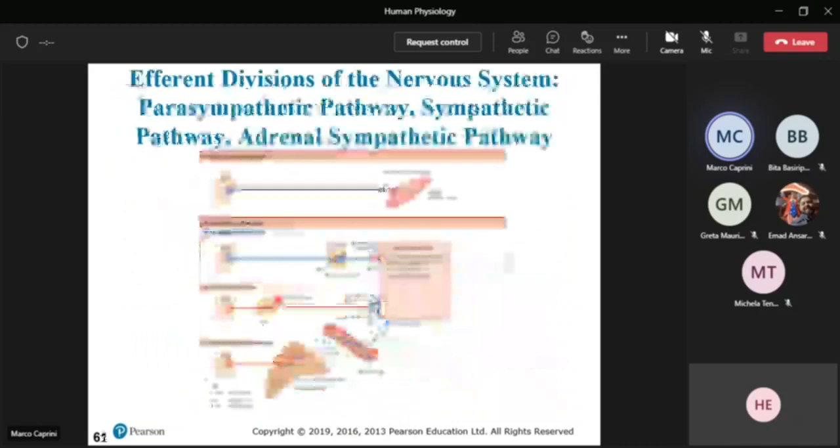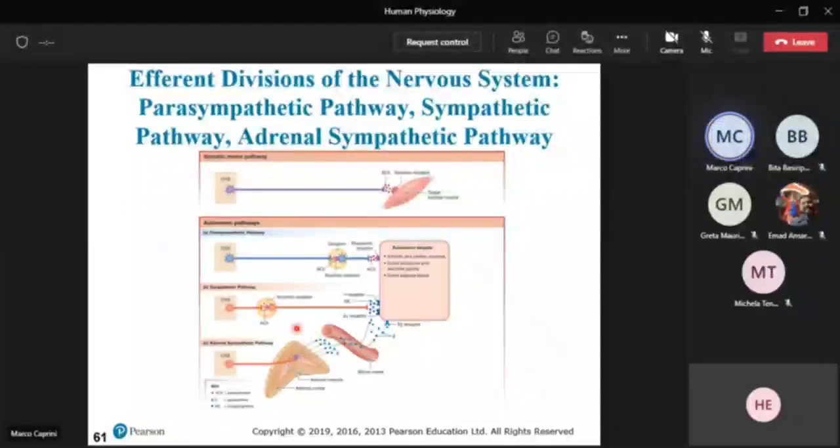I'm just showing you this type of synapse from the autonomic pathway, because we already described it. The autonomic system contains the parasympathetic and the sympathetic pathway. In general, one is inhibitory and the other one is excitatory. The sympathetic in general is excitatory, the parasympathetic is inhibitory.